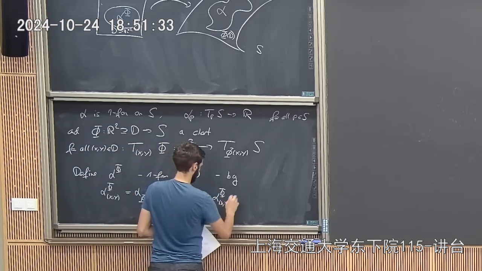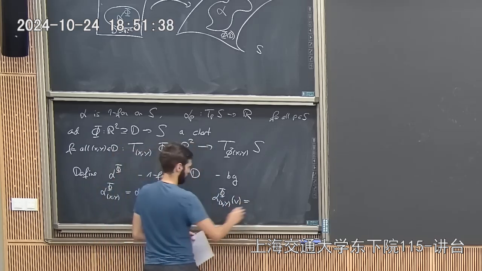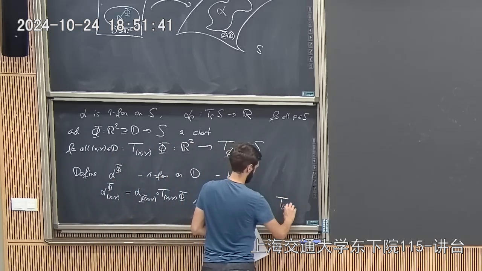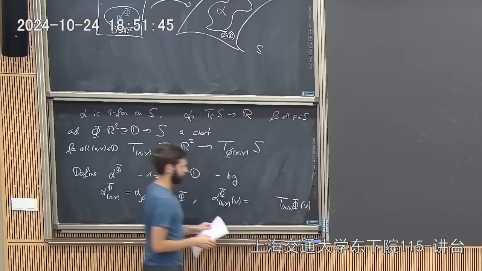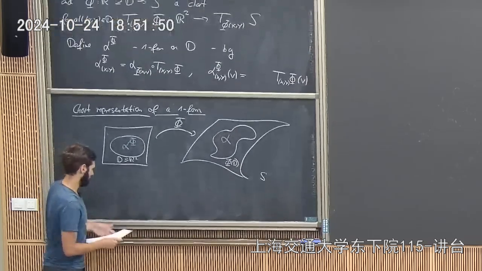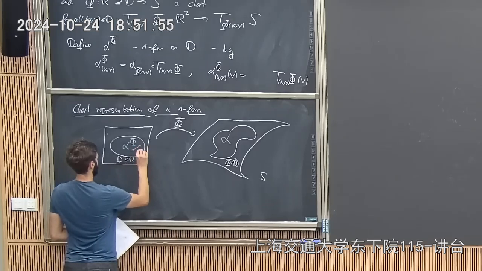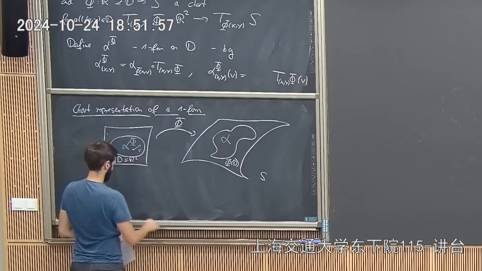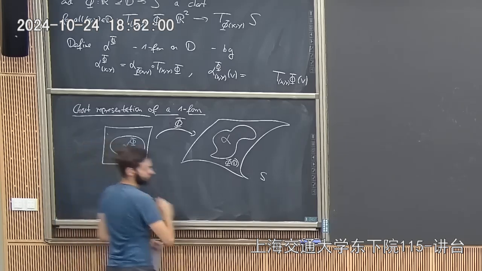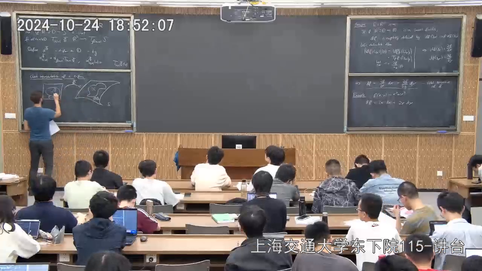What this means is we plug in a vector. We first map that vector by the derivative of phi to get another vector. If you want to think of this, we have some vector here.